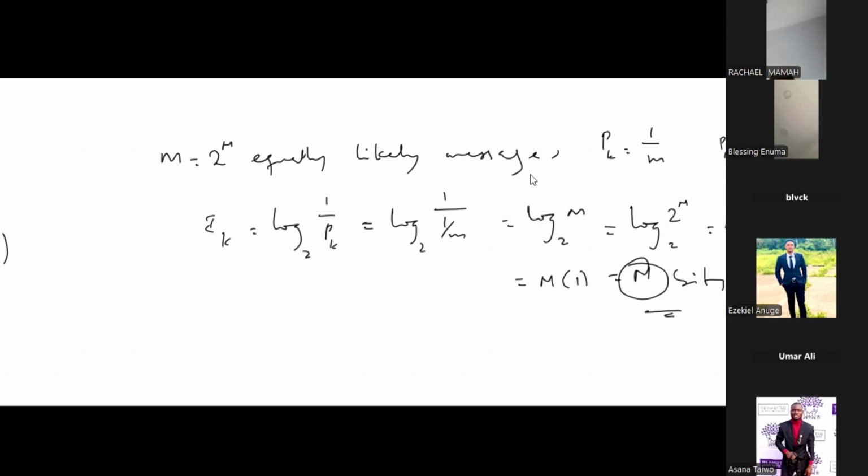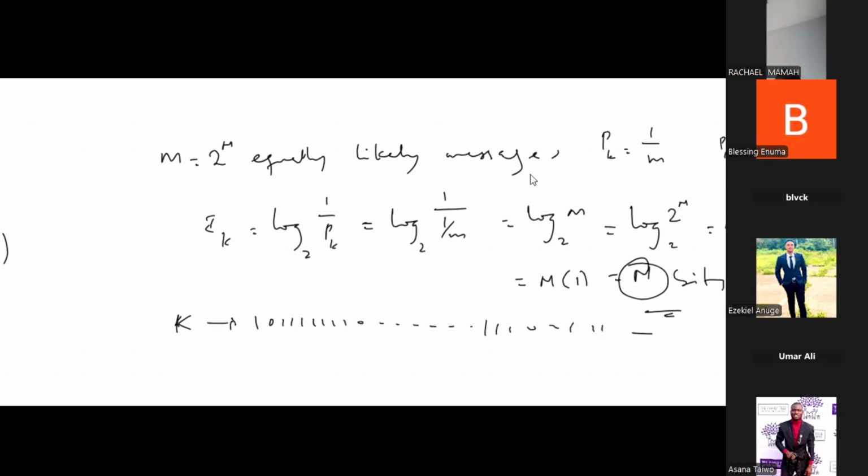So if we are saying this information, say K, contains 101111110 all the way to 1101111 whatsoever, we are now asking what's the average number of bits that we can use to represent this without losing the information.